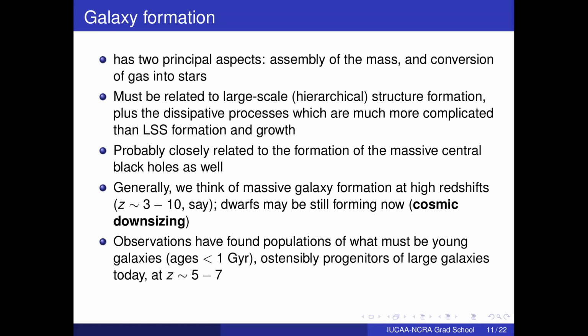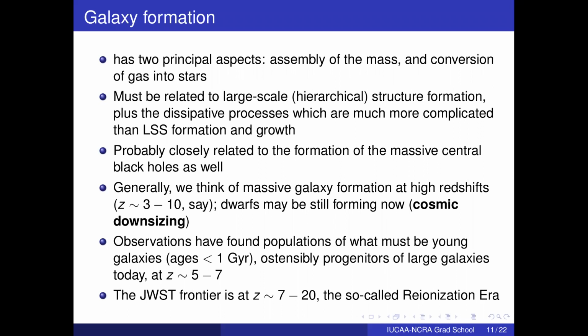Observations have found populations of what must be young galaxies, which are the ostensible progenitors of large galaxies today, at high redshift. If you want to go beyond that, redshift 7 and beyond, that really is the JWST frontier. And we go into what is called the reionization epoch, the reionization era.